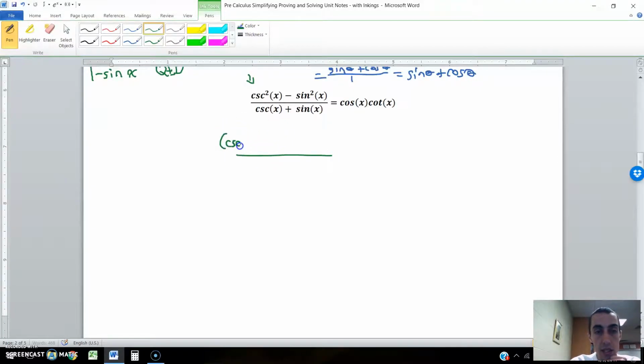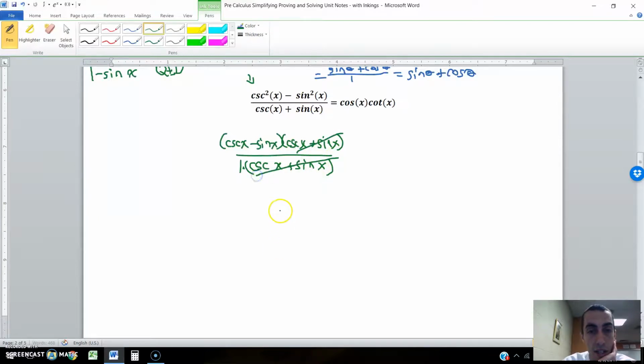This is cosecant minus sine times cosecant plus sine. And then on the bottom, cosecant of x plus the sine of x. So this is in factored form because the denominator is basically that times 1.